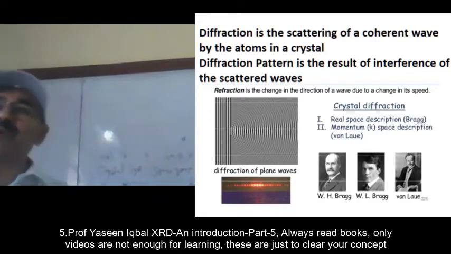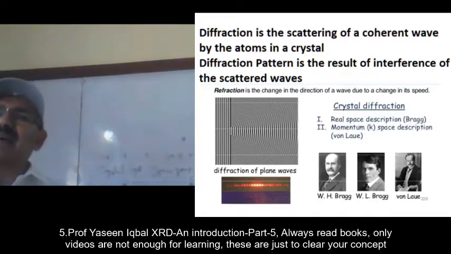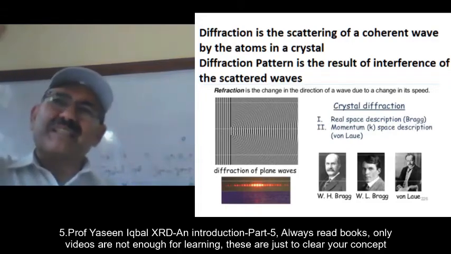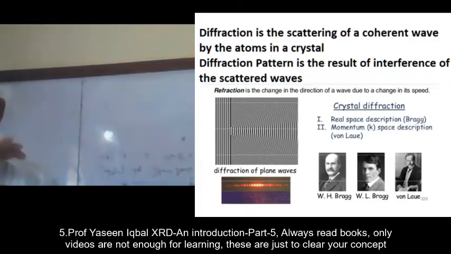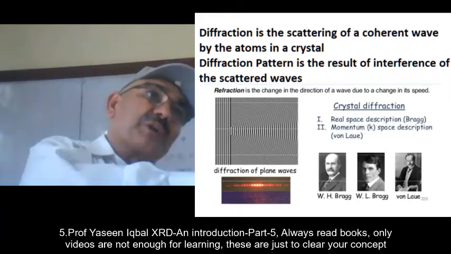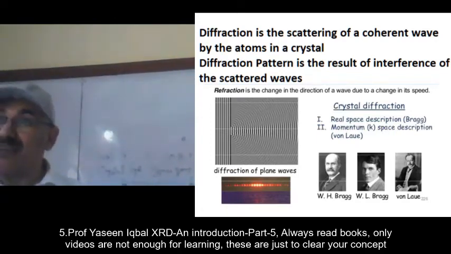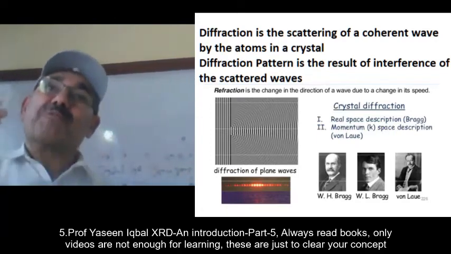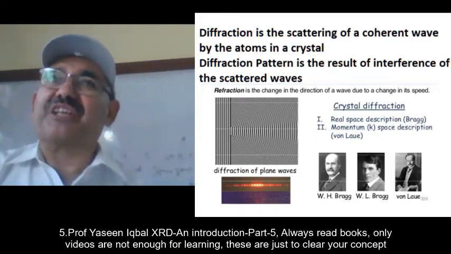Now, when I told you in the start that the cathode emits electrons, they are not going on their own, right? The potential difference accelerates them towards the target. When the X-rays come from there, they are going around in every direction.